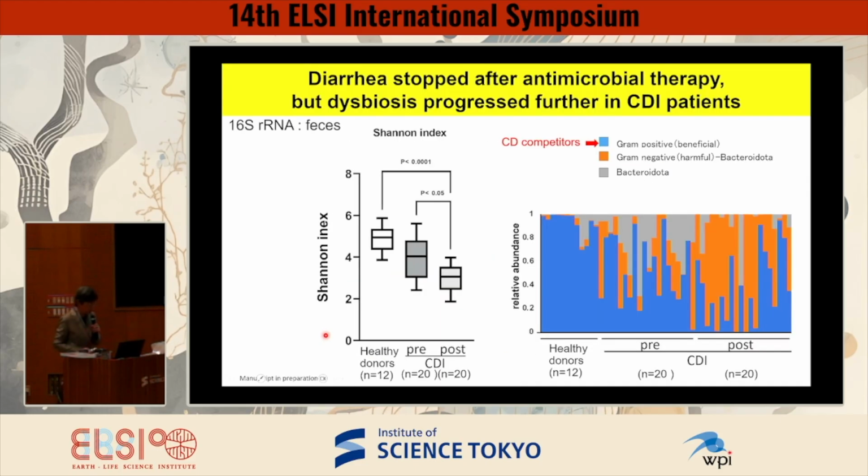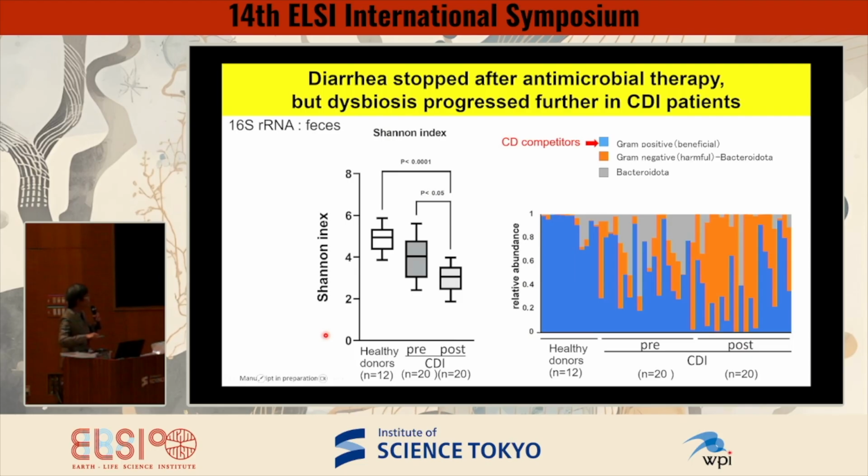Actually, if we check the Clostridium difficile patients before the treatment, already orange bacteria emerged. This one is gram-negative harmful bacteria. In a healthy condition it should be gram-positive dominant like this, and here many Clostridium difficile competitors exist.